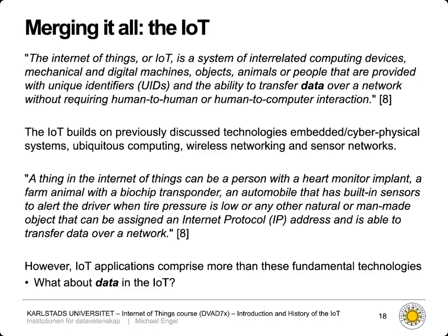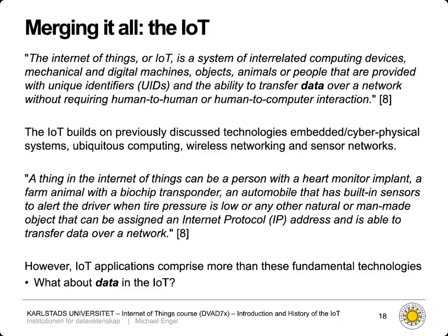So, we can look for different definitions, and I found that one here. The Internet of Things, or IoT, is a system of interrelated computing devices, mechanical and digital machines, objects, animals, or people that are provided with unique identifiers and the ability to transfer data over a network without requiring human to human or human to computer interaction.